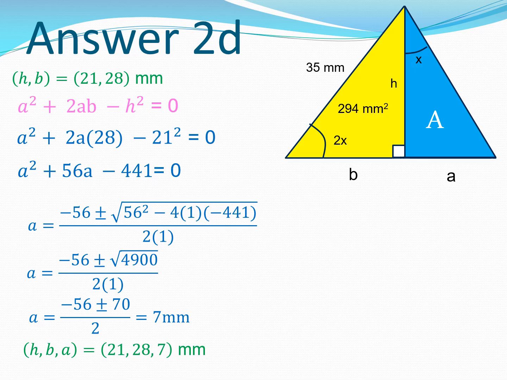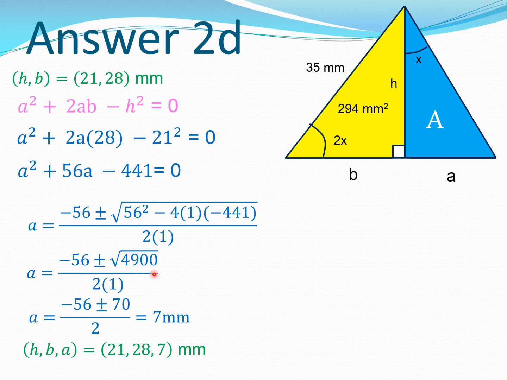But we also need to look at the second solution we had obtained for HB, which was 21 and 28. So we again take our equation for a and substitute here: b is 28 and h is 21. We simplify this and it comes out as a quadratic. We use the quadratic formula and get the expression here.